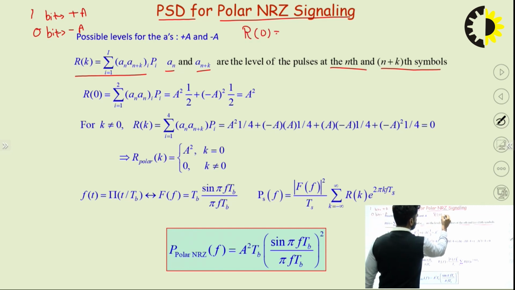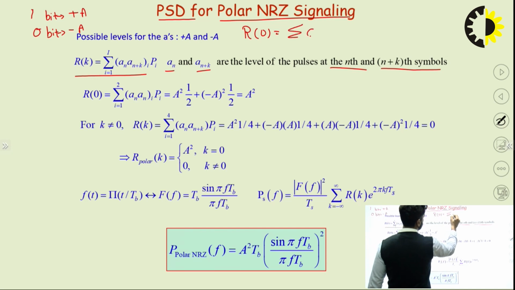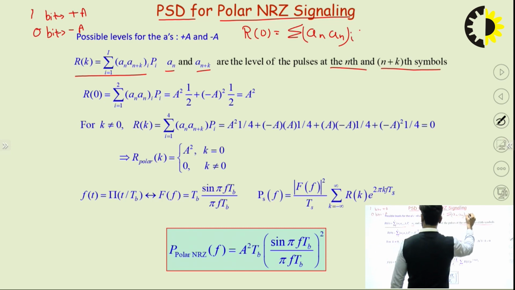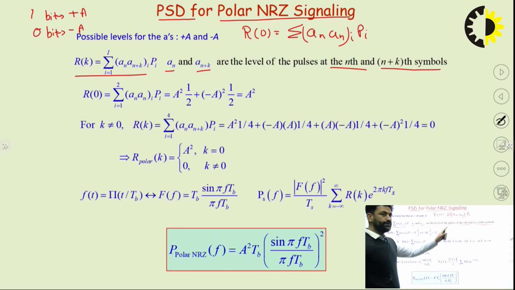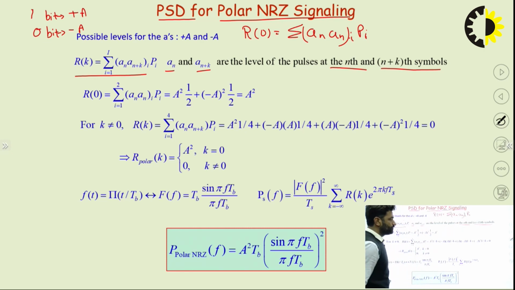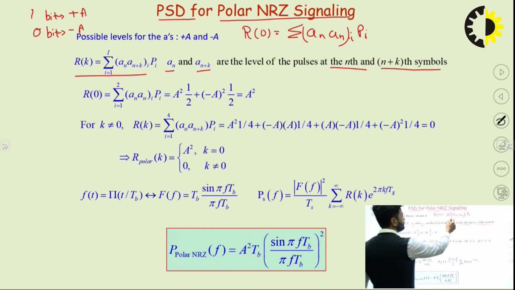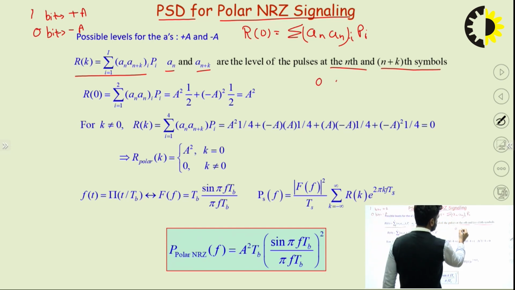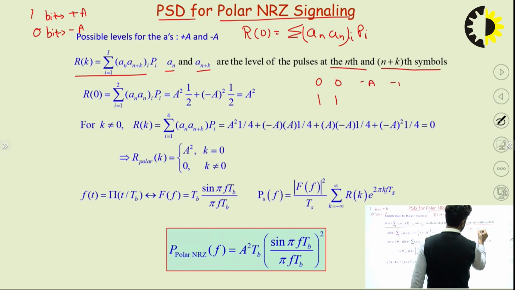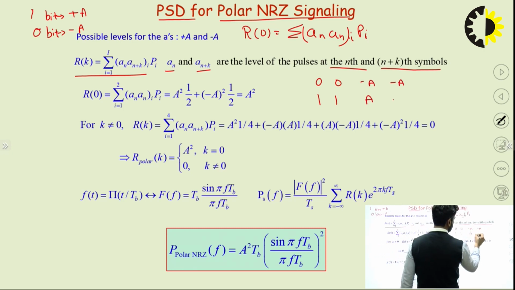If k is equal to 0, then the autocorrelation function of a_n and a_n will be the same level, and P_i is the probability of that event. We can take 0 0, or 1 1; for 0 0 the voltage is minus A, and for 1 1 it is plus A.